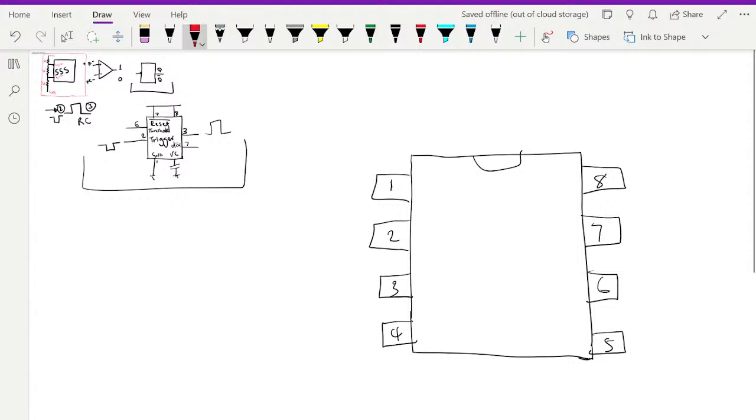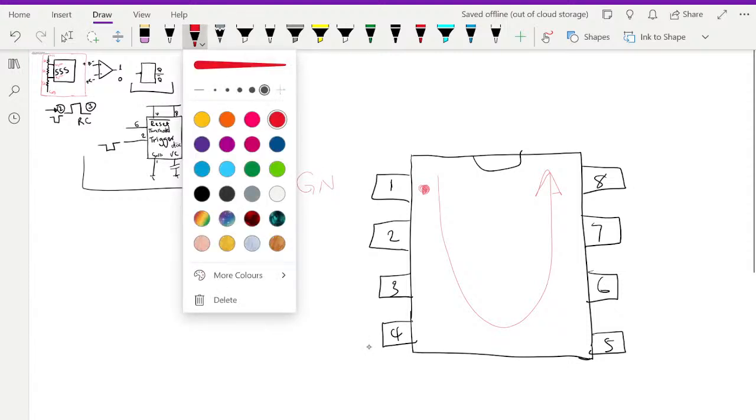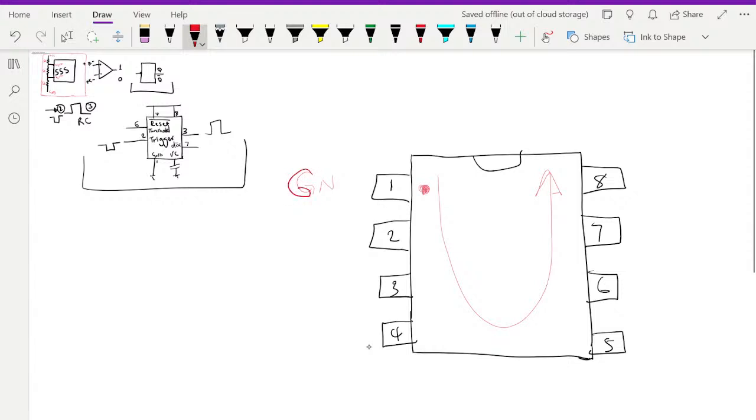Remember when we talked about naming your ICs? It's always from top left going down and then reversing to the top right. Let's make this a little bit bigger. Pin 1 is your ground.